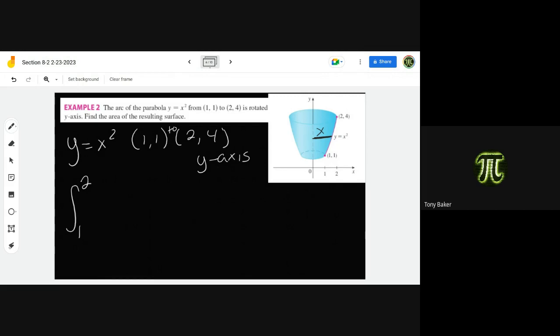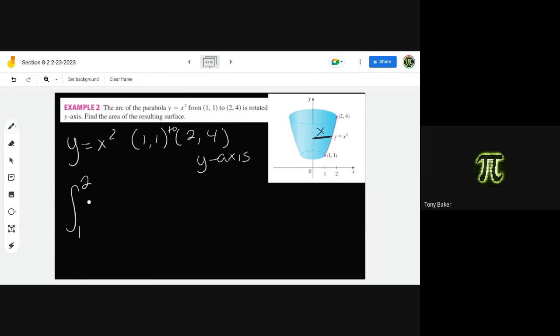But you can still use the radius value. Yes, you're still using radius as x. And then the arc length, just make it as easy as possible. So you use the y. Yeah, we're going to plug it in just as x squared, well, the derivative of x squared.